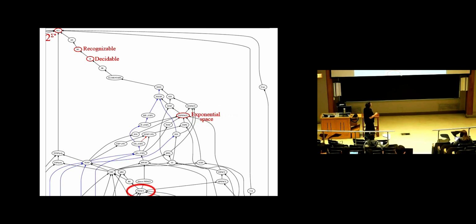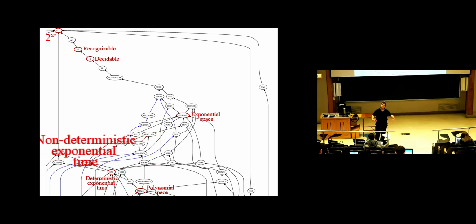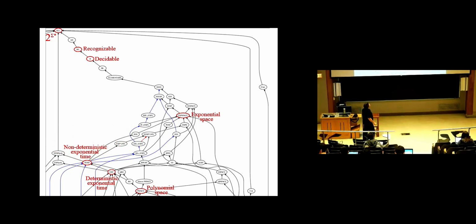Exponential space is right here, and there's polynomial space right there. Anything above polynomial space is highly complex, requires more than polynomial space, exponential space or worse. And there's classes here that require more and more space and more time to compute. So we're usually not so much concerned with classes way up there because they're all infeasible.